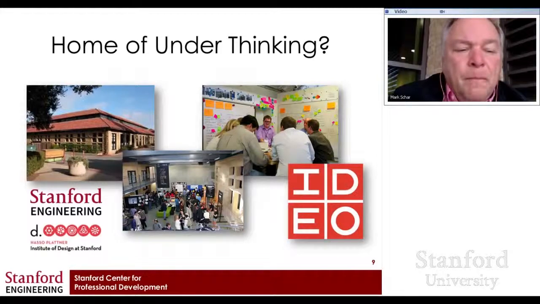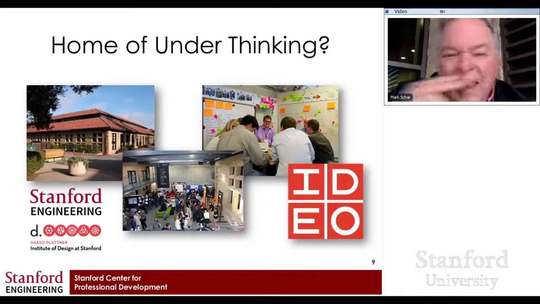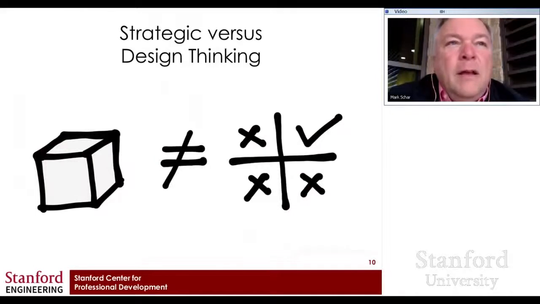If you turn to the next slide, it really comes down to this simple graphic, which compares design thinking with the cube, and strategic thinking with the checkboxes. They're not the same. They really aren't.